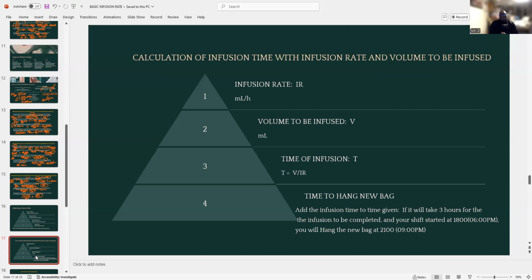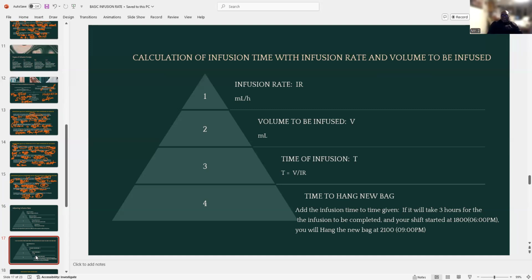Usually they will give you the volume and the time, and you find the infusion rate. But what if, instead of giving you volume and time to find the infusion rate, now they give you the infusion rate and the volume, and they want you to find the time.